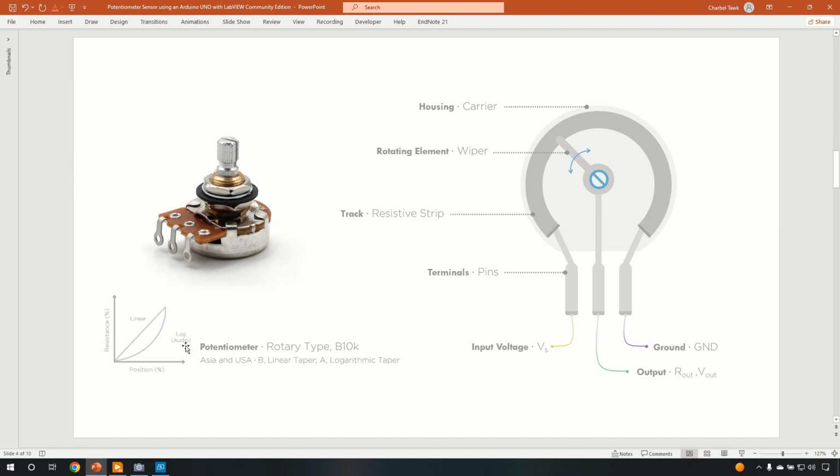However, for audio applications, what we need is a logarithmic relationship between the position and the resistance. And that's why we have another type, which is the A type or logarithmic taper type, which means that we have a logarithmic relationship between the position, or in this case for this rotary potentiometer, the angular position, and the resistance.